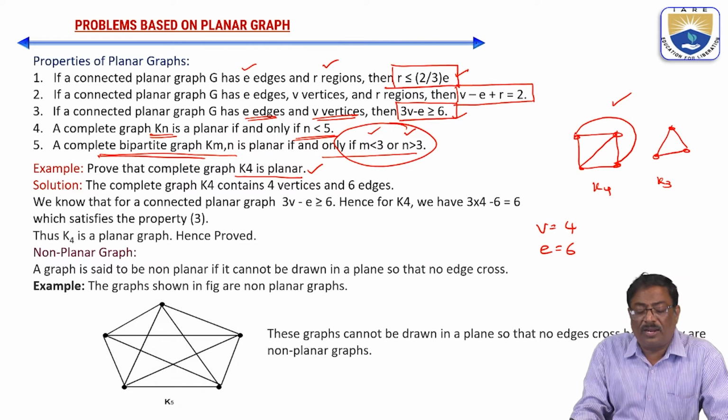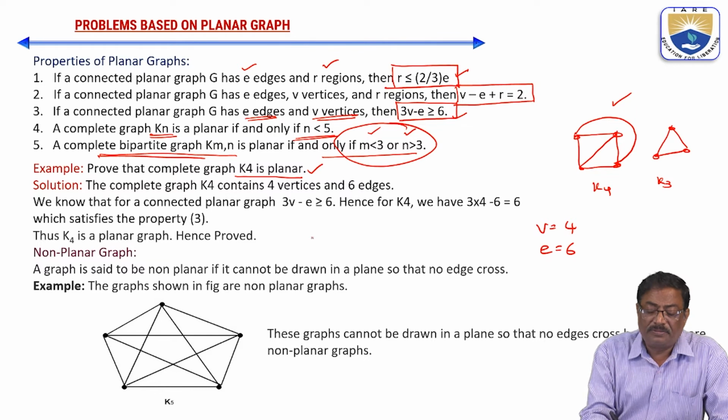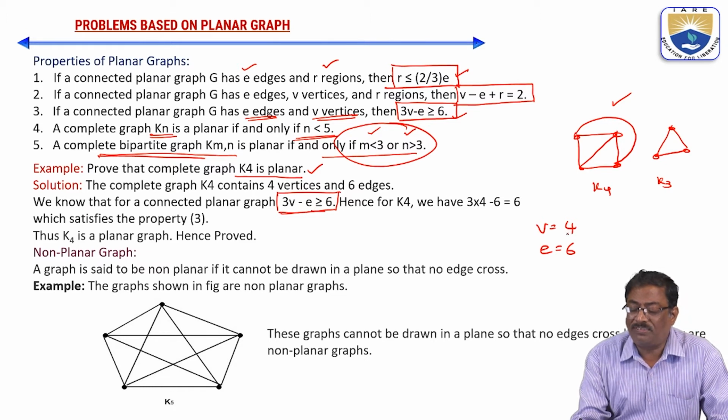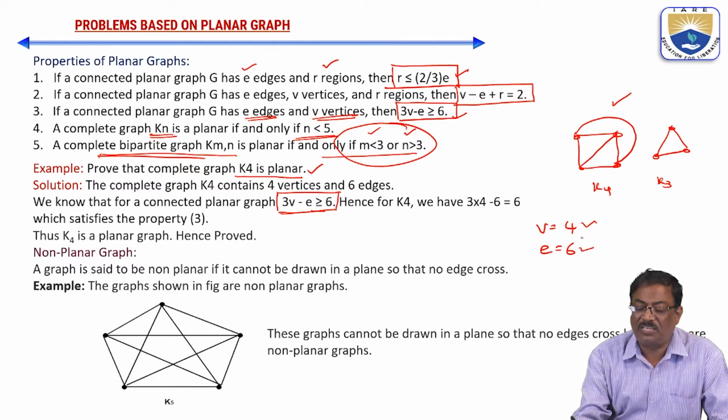Now, we know that for a connected planar graph, 3V minus E is greater than or equal to 6, because of the above property. There is a relationship between the vertices and edges. Here, I substitute 4 for vertices and 6 for edges. So 3 into 4 minus 6, which is 12 minus 6, which is 6.